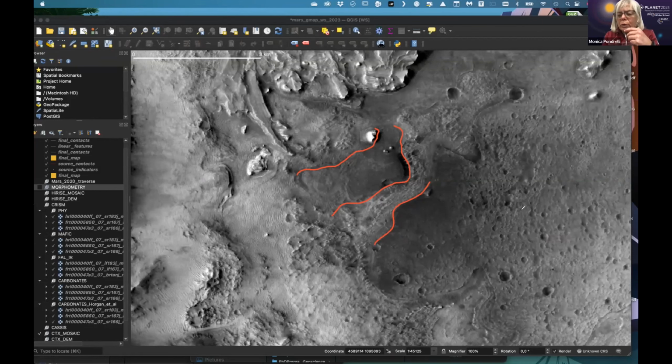From some point of view, it is disturbing my observation, my representation, because I can clearly say that below this dust or whatever it is, my unit D is still present. So one solution is to not map this as I was doing it here as polygons, but to create another level, a separate level, only with the distribution of these superficial covers.